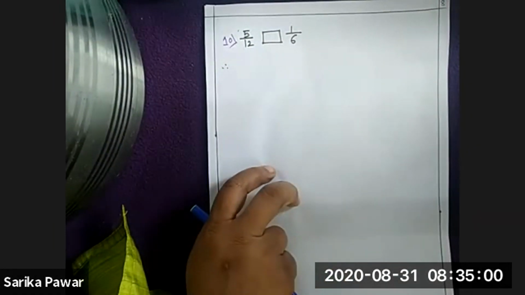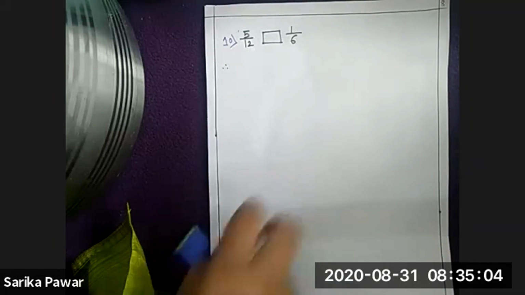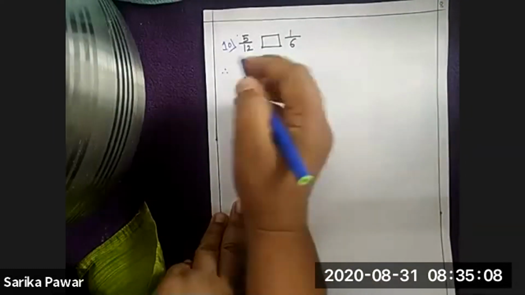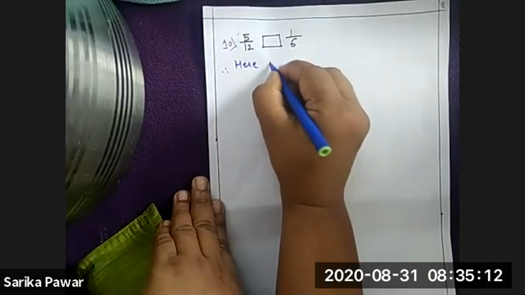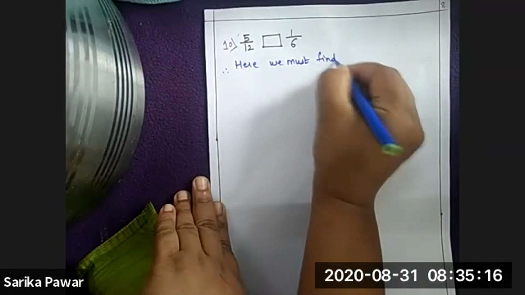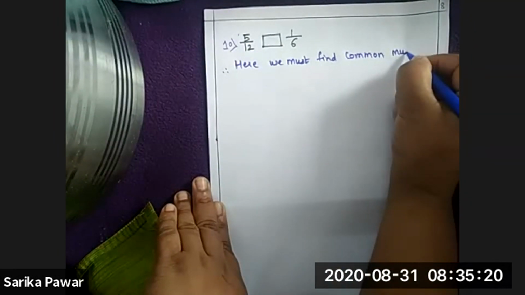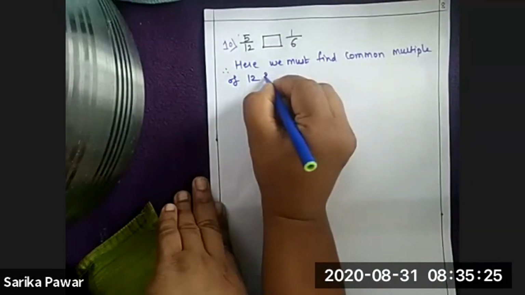Isn't it? Able to see this problem? Is question? Same question you have? Yes. See here? Yes. Here we must find common multiple of which number? Common multiple of 12 and 6.